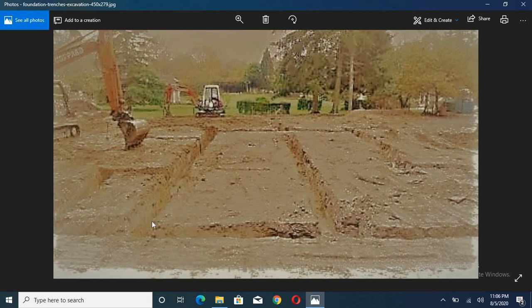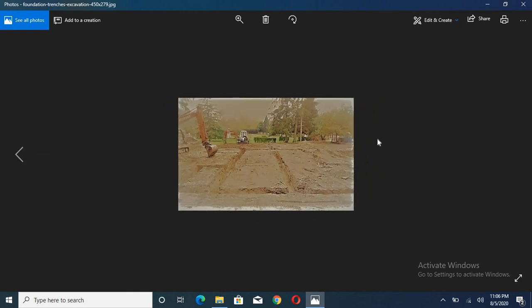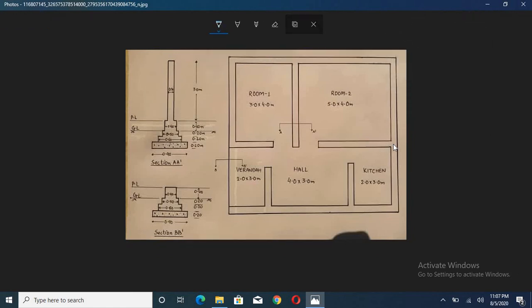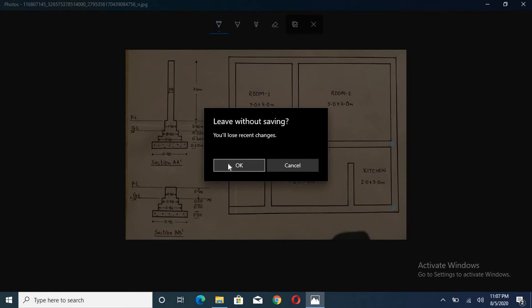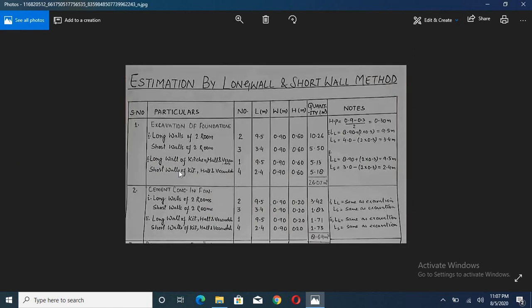So we are taking the length from center to center, 3.3 minus 0.9, that comes to 2.4.